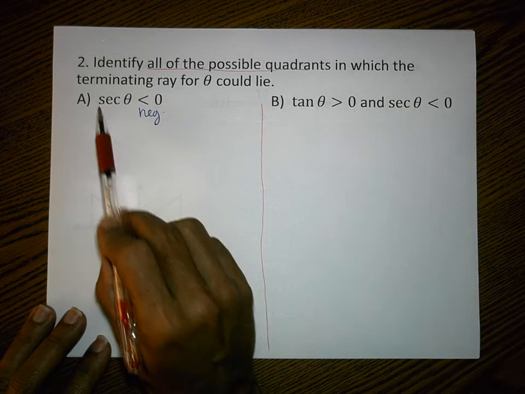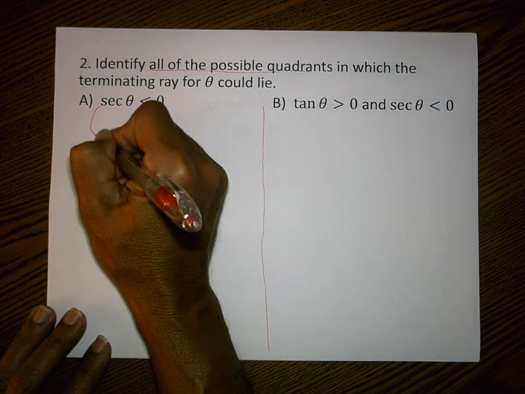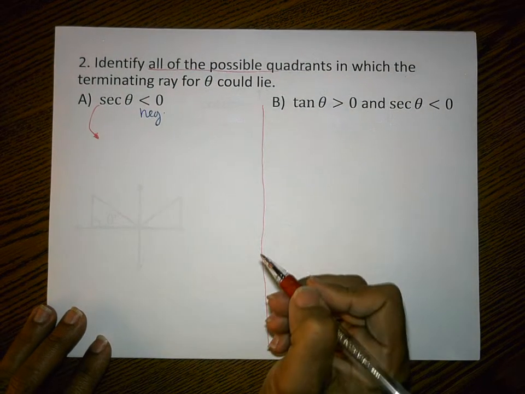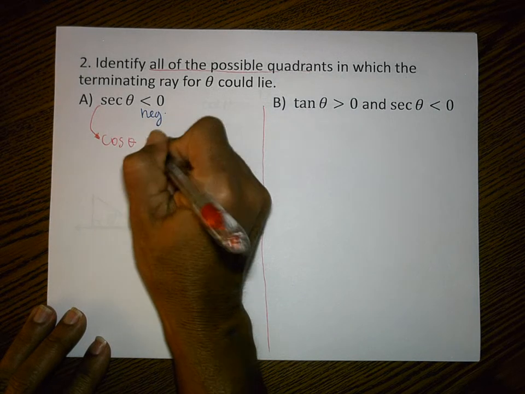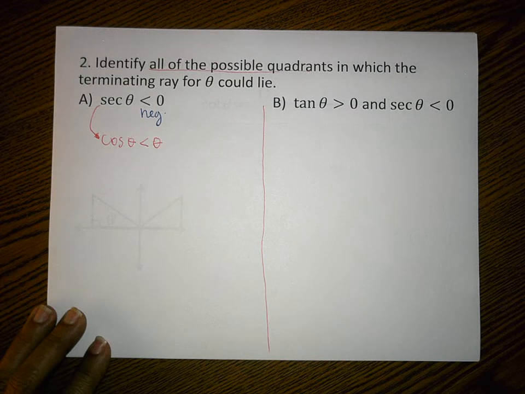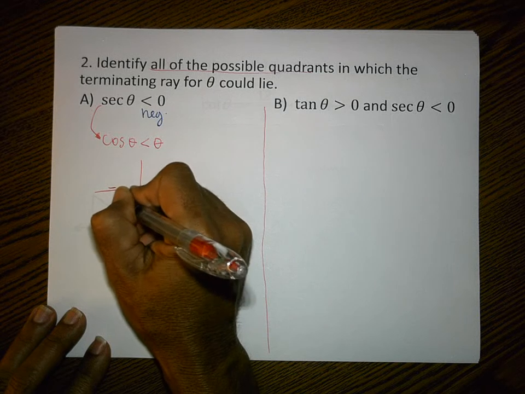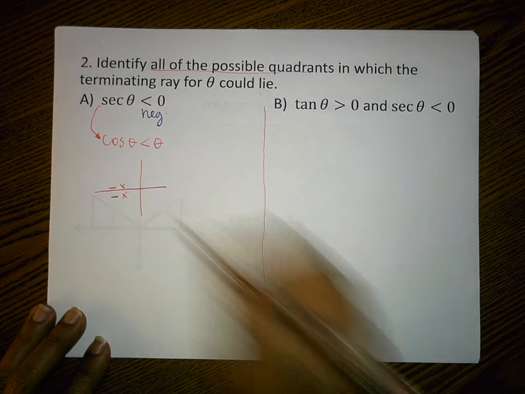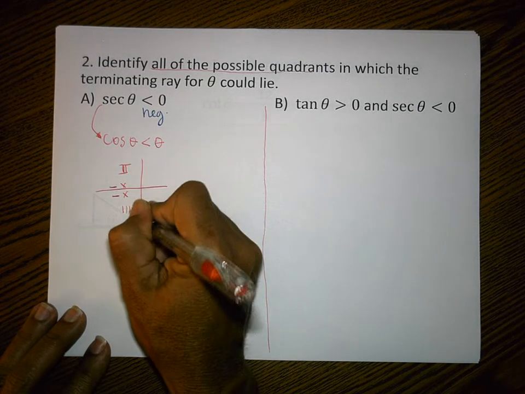So where's the secant negative? Well, it's hard to think about secant. Go ahead and think of the original guy, the OG here. Secant is related to the cosine. Where's the cosine negative? Well, the cosine is negative in quadrant 2 and in quadrant 3. That's where the x's are negative. It's either quadrant 2 or quadrant 3.